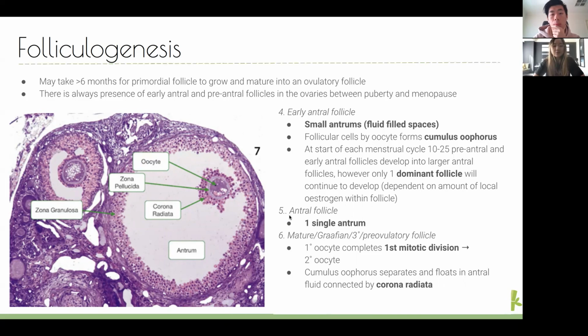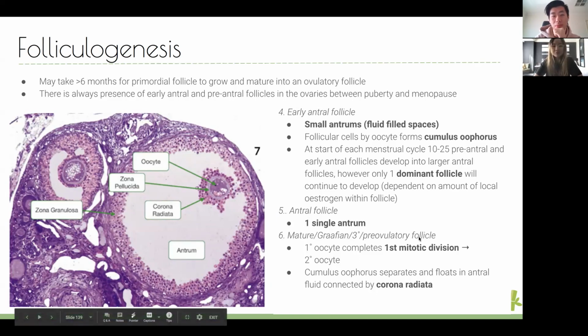And then you reach the antral follicle, again in the name, because it's not early anymore, they've fused to form one single antrum like this. And then lastly, you have your mature or Graafian or tertiary or pre-ovulatory follicle. There are a million names for it, so I thought I'd put them all down to avoid confusion.